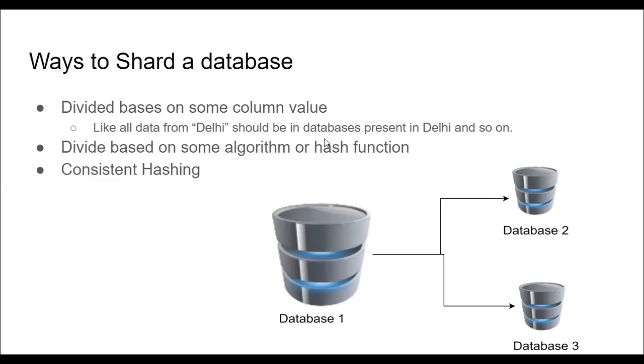A database can be divided by some column value. For example, all the data for the table Delhi should be in the database present in Delhi. It can also be done using hash functions or some other algorithm. And the third option is that we can use consistent hashing to shard a database.